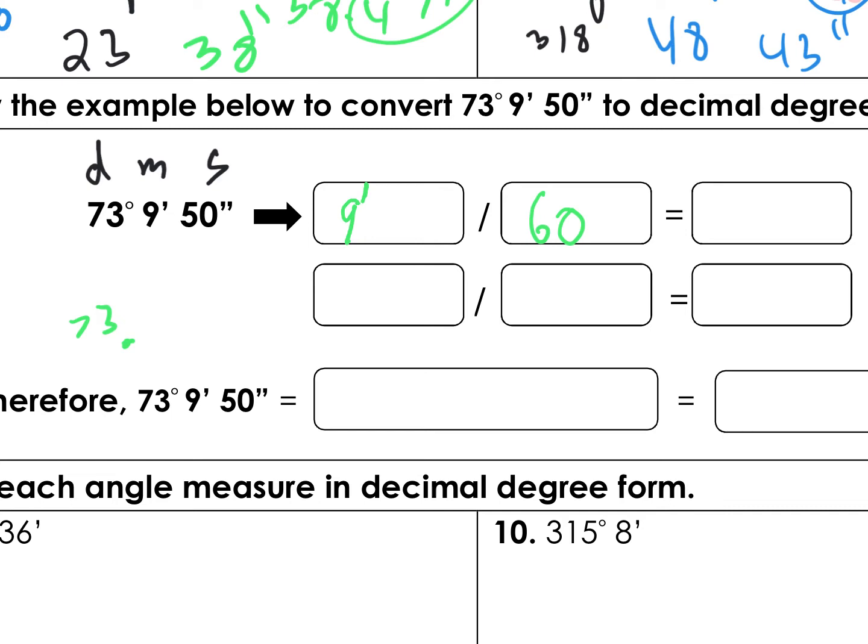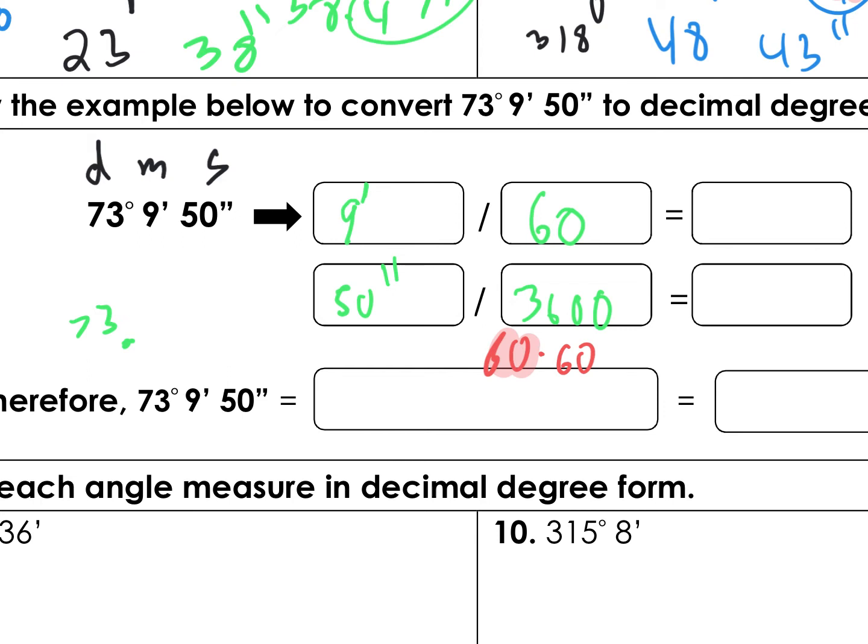Then I'm going to take my 50 seconds and divide that by 3,600. Because that's the same as 60 times 60, because that's how many seconds are in a degree. We're converting these into degrees.